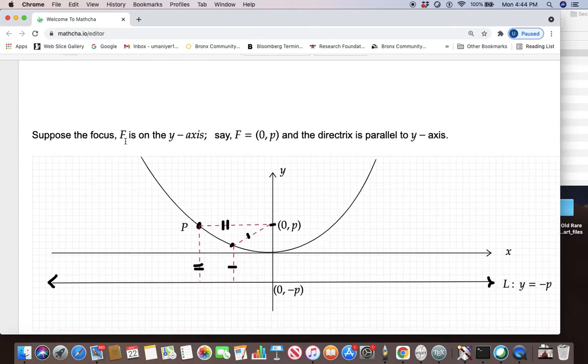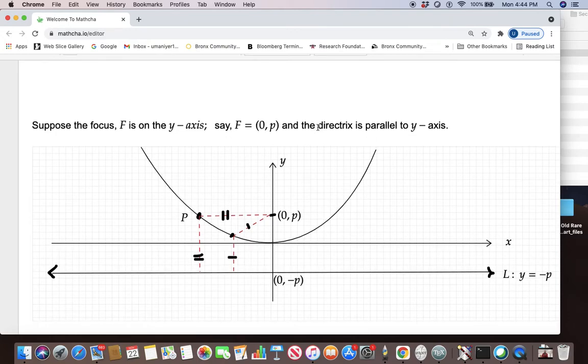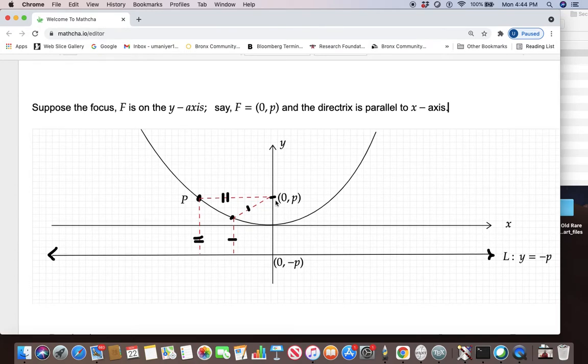Suppose the focus F is on the y-axis. Say F is the point (0, p) and the directrix is parallel to the x-axis. So if that's my point (0, p), my line is at (0, -p), that is, y equals negative p.